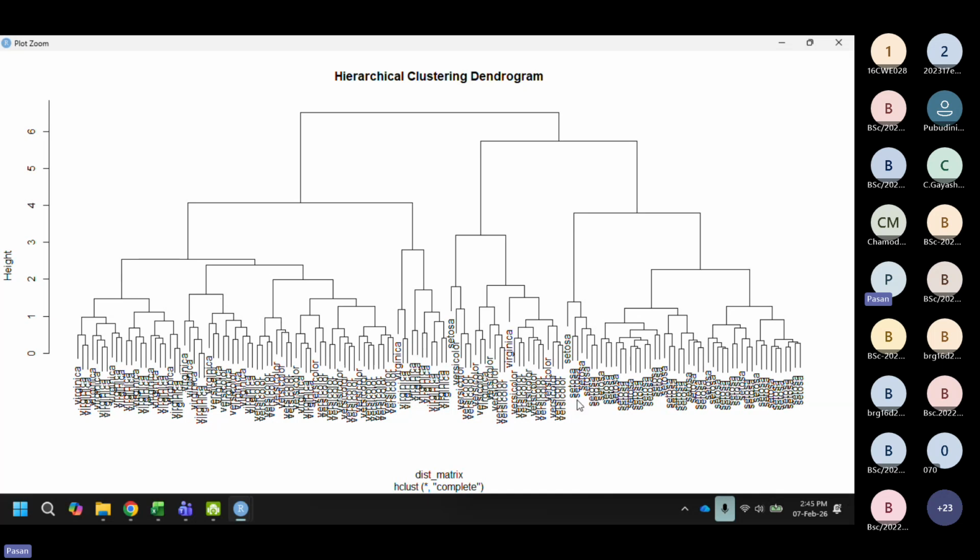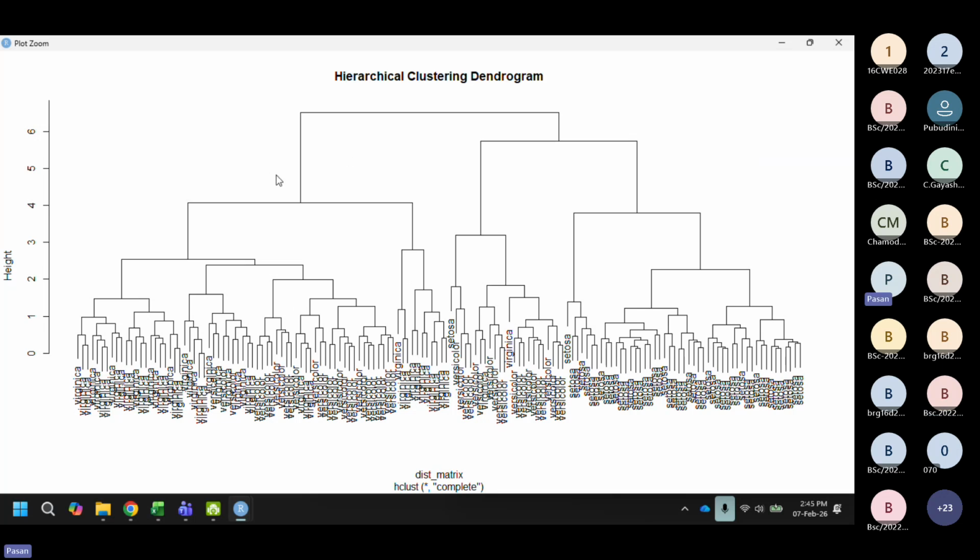Now, of course, these names normally are not going to appear, but you can put the observation number down here. What does this indicate? If you cut this tree from here, then you fall down into two branches, which means two clusters.